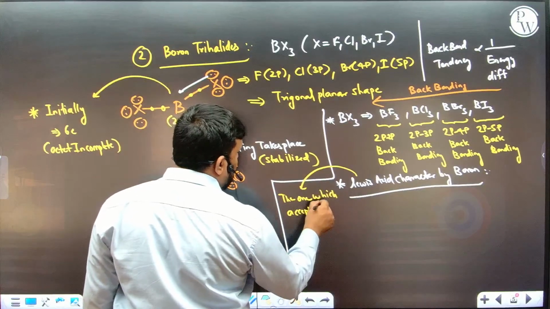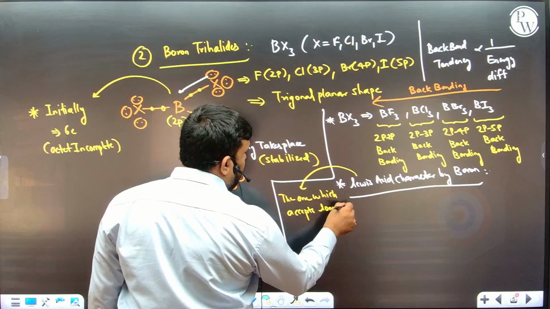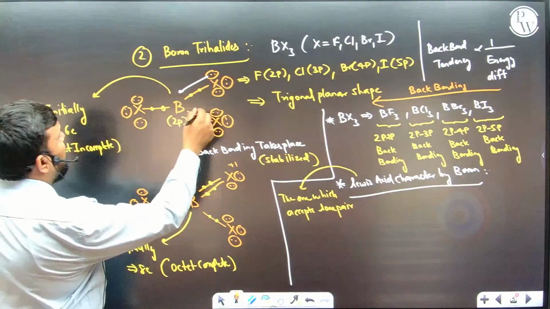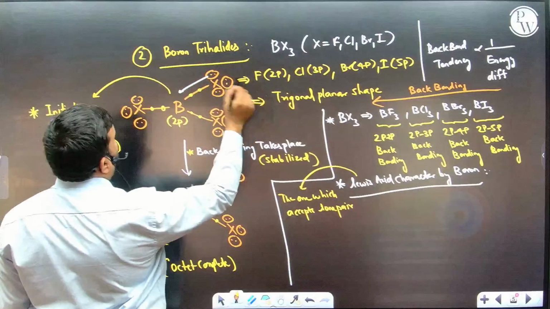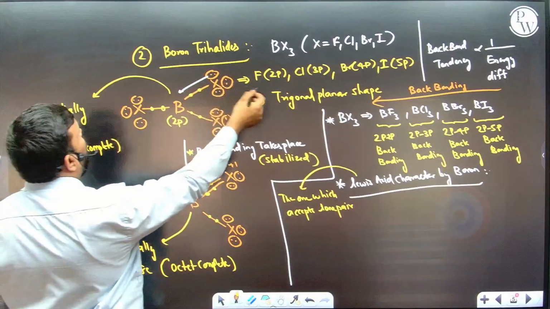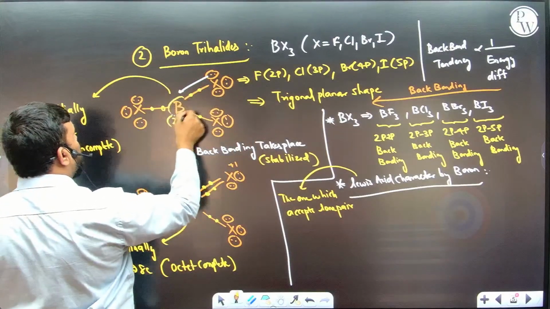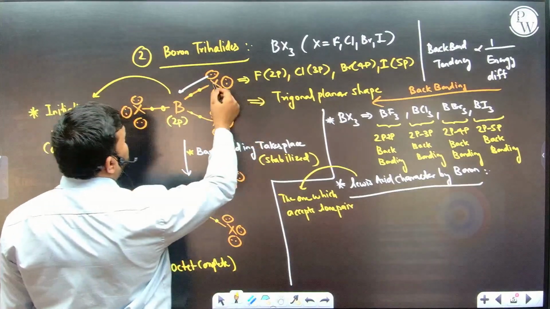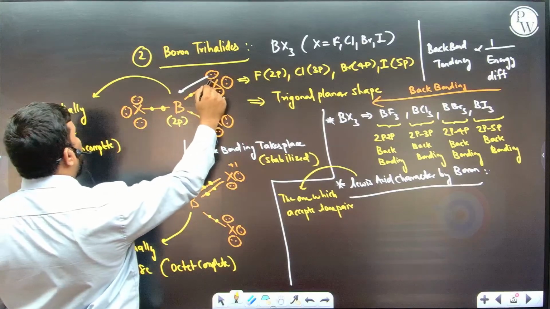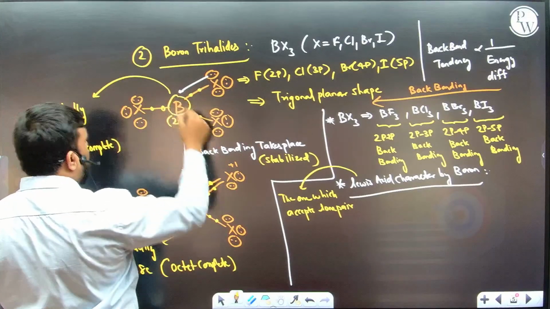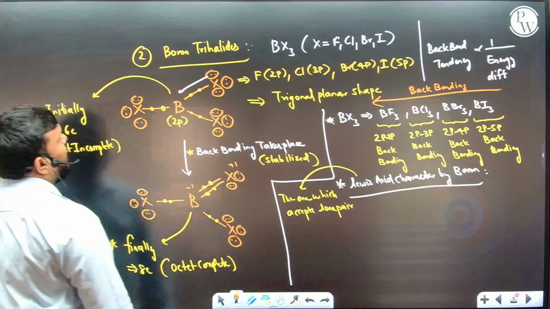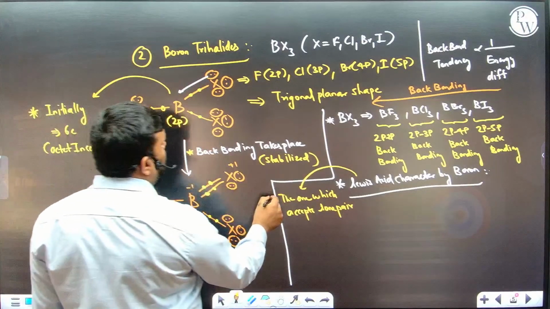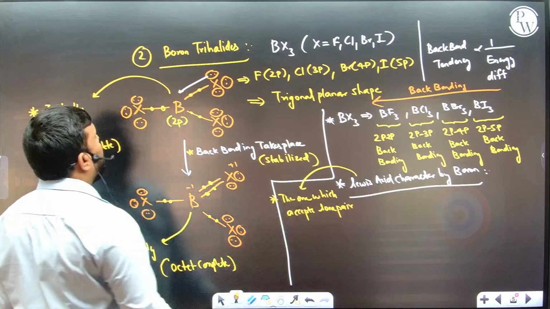Very interesting thing. Suppose this is BF3, what will happen? This fluorine will have good back bonding, so the boron orbital will get filled. While if this halogen is iodine, it will have very poor back bonding, so the boron orbital will remain vacant. And then this boron can accept the lone pair.